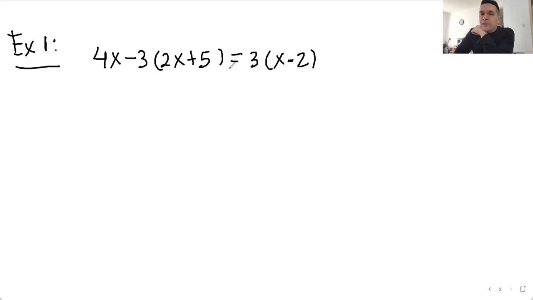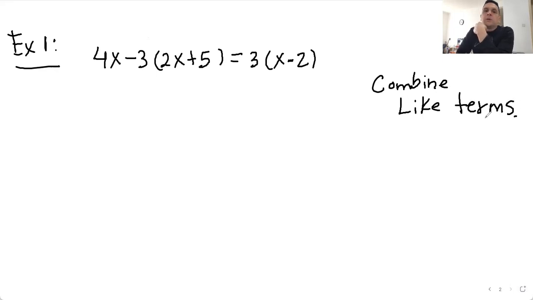All right, so we have to isolate our x, but we're going to have to multiply all of this out and then combine like terms, and then again, isolate the variable.